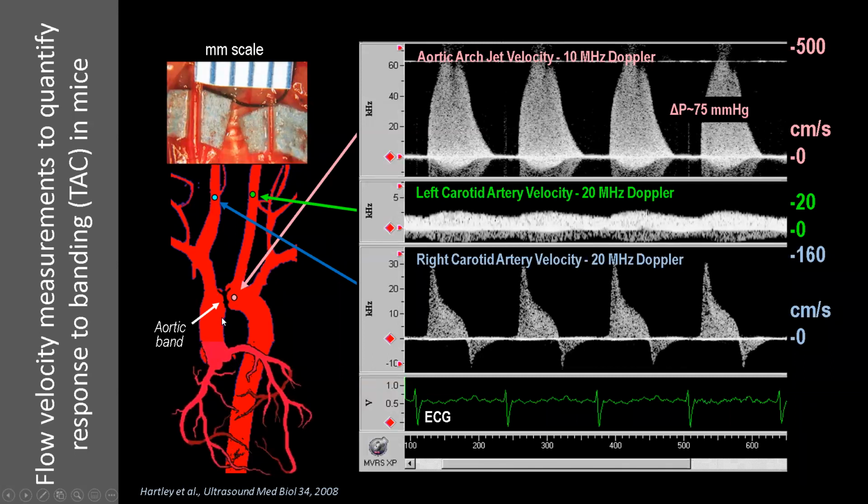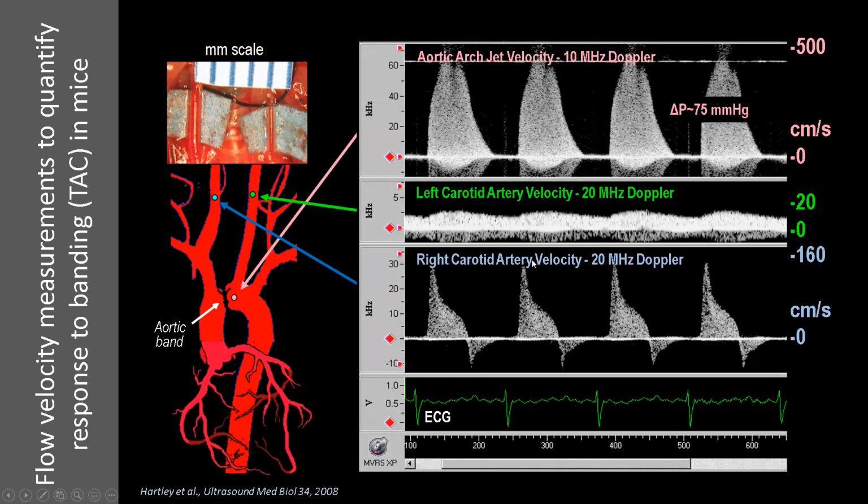With this, the right carotid artery now becomes your major artery that takes up all that pressure. And so you can see the size difference between the innominate or right carotid artery and the left carotid artery. Huge differences. And this is reflected in the flow measurements we can obtain.